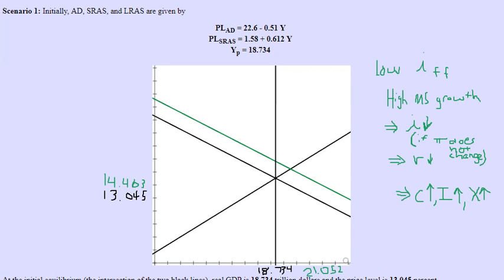Okay, I'll continue graphing it. So this right here is the 13.045, and this is the 14.463. I'll erase these down here. Change this to black.